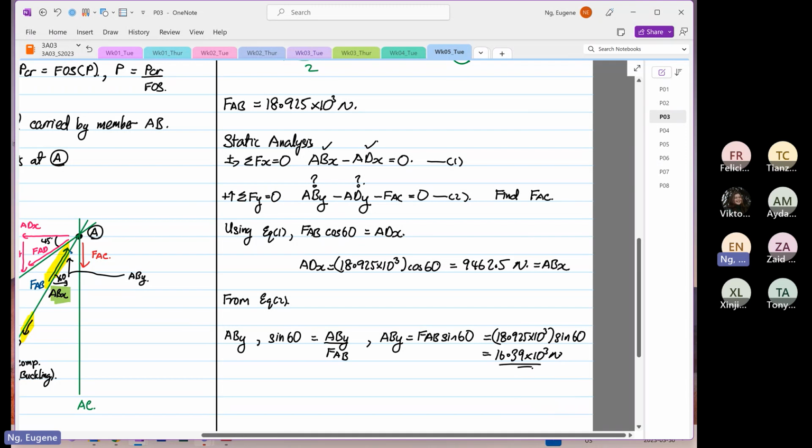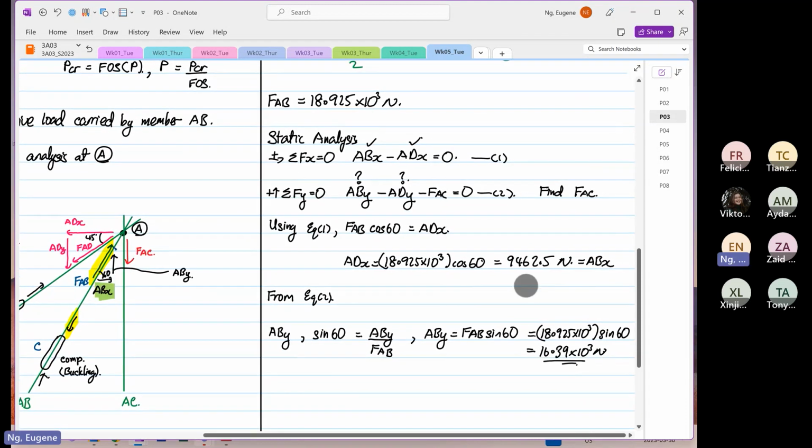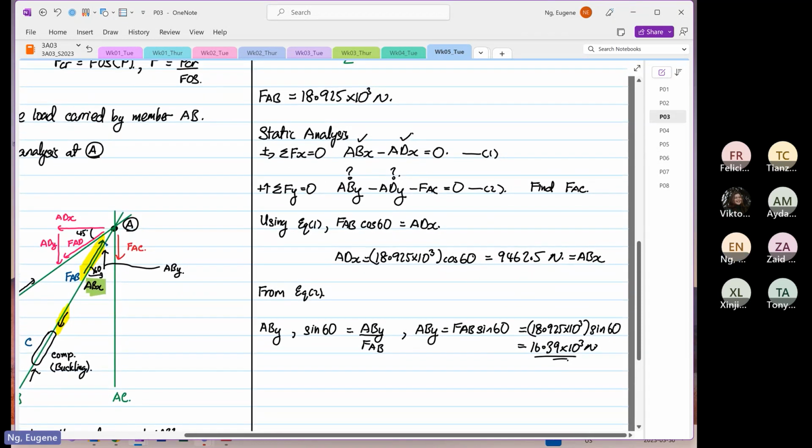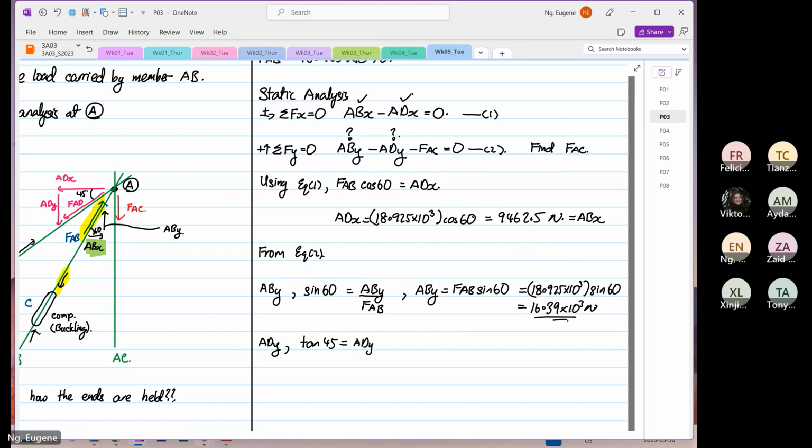Okay, we have this. So the next one we're going to find is ADY. To determine ADY, because we know ADX, we can use tangent 45 is equal to ADY over ADX, right?